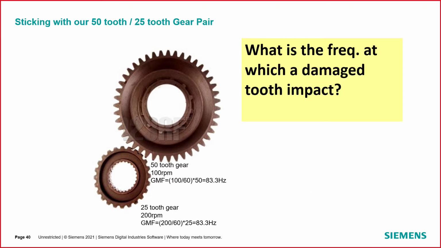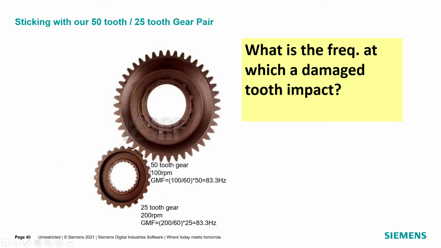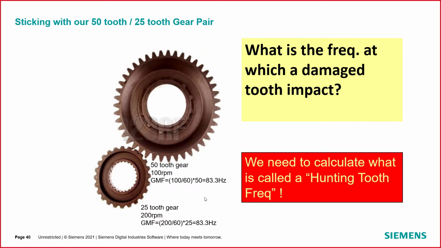Now, at what frequency will a damaged tooth impact? In this particular case, we've got a 50 tooth gear at 100 RPM and a 25 tooth gear at 200 RPM. The gear mesh frequency is 83.3 hertz, which means we need to calculate the hunting tooth frequency.